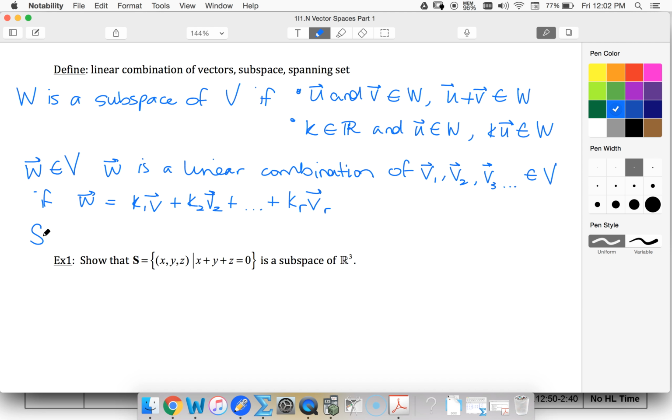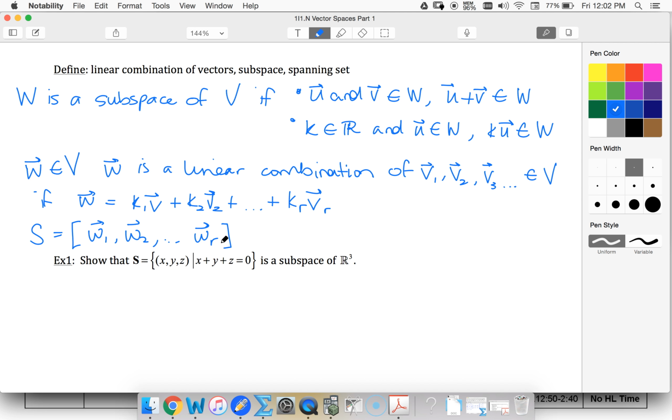So let's say that S is equal to some of the vectors in our subspace. So W1, W2, W_r.